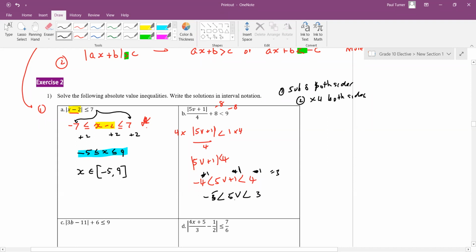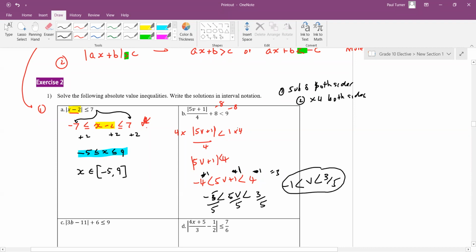So now we divide by 5. We're dividing by a positive number, so we don't have to worry about the signs. So 5, 5, 5. So you're going to get minus 1 less than v less than 3/5. So that should be the correct answer there.